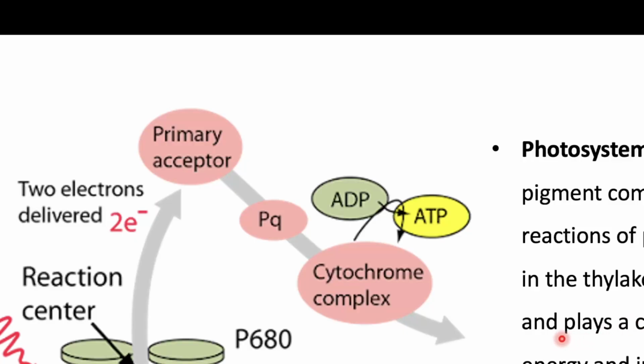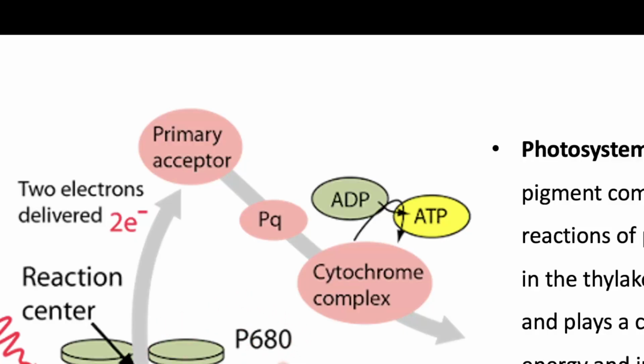And this plays a crucial role in capturing light energy and initiating electron transport. So this is the first key event in the electron transport chain inside a chloroplast. Now, what is the series of events? First, the photon is absorbed by photosystem 2 or PS2. PS2 contains chlorophyll A molecules, mainly P680.